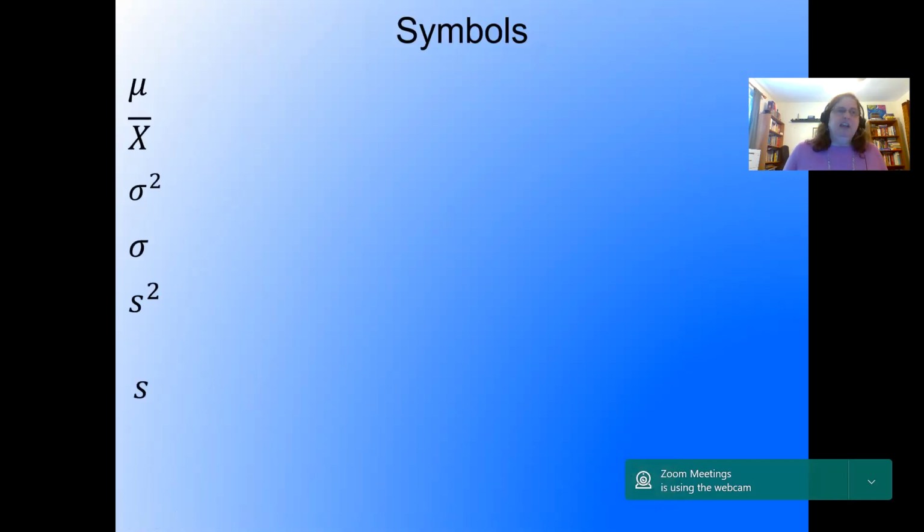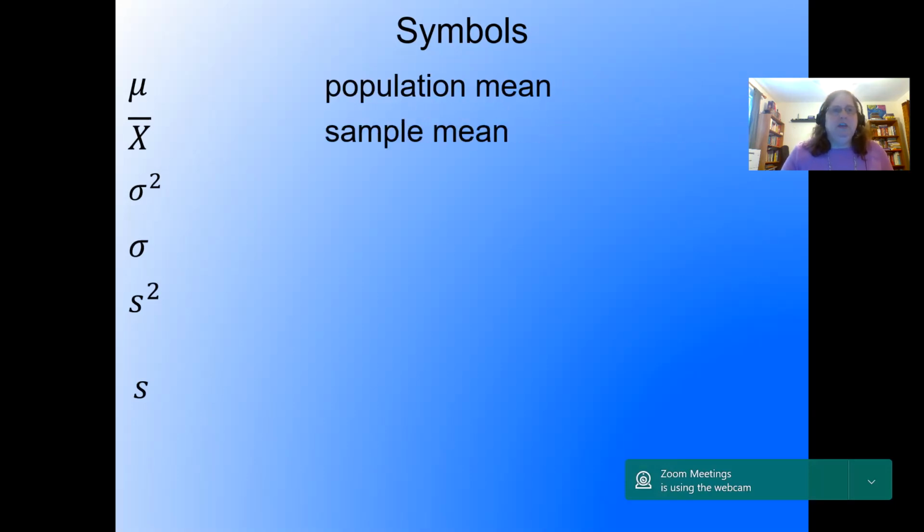Symbols. I invite you to look back and see if you actually know these symbols, and then we'll go through each of them in turn. So think about what mu is. We just talked about it. Population mean. How about X bar? Sample mean. How about sigma squared?